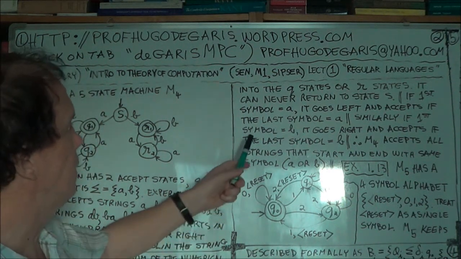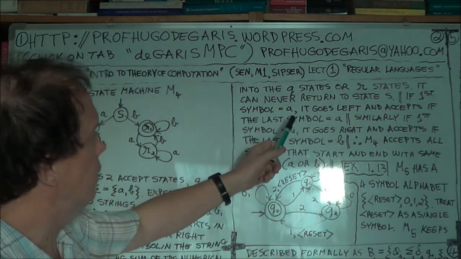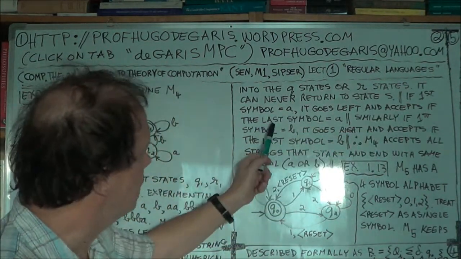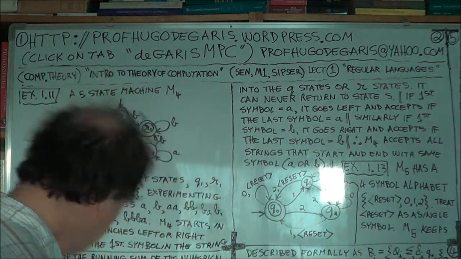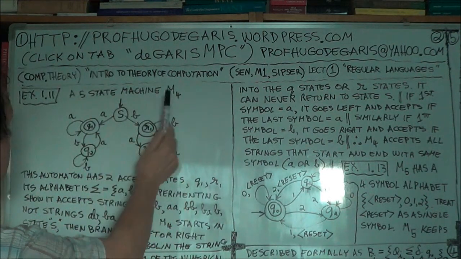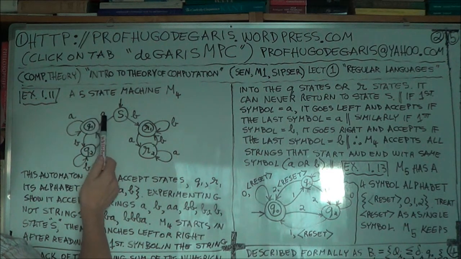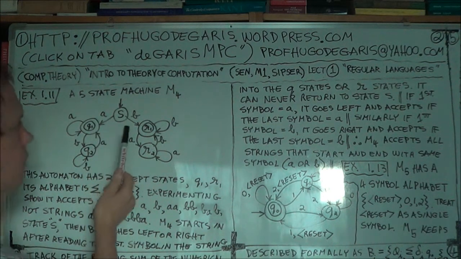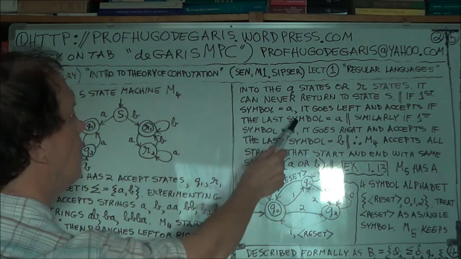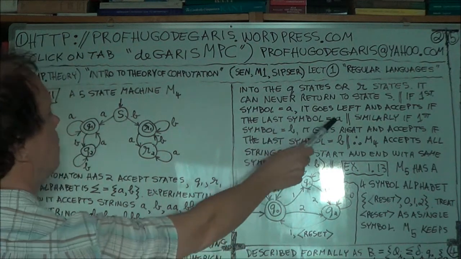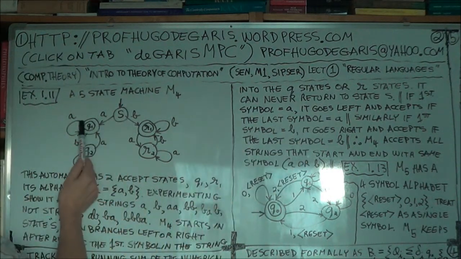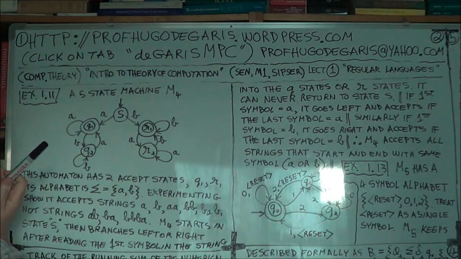So it goes left and accepts if the last symbol is A. Does that make sense? So the first symbol is A, so now we're here. If the last symbol is A, so say the next one is A, so it stays here. That'd be accepted.